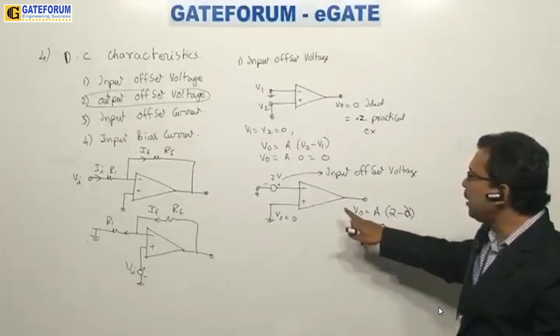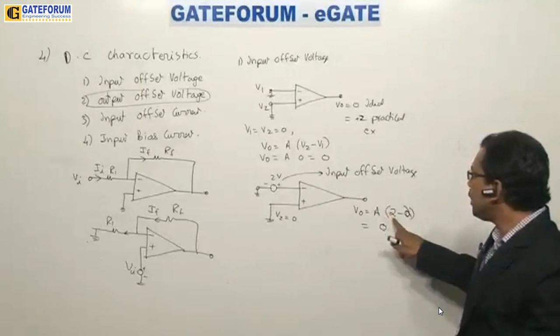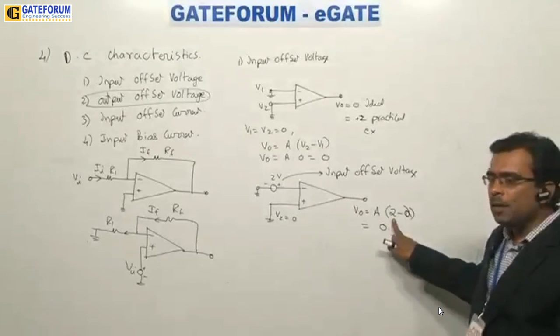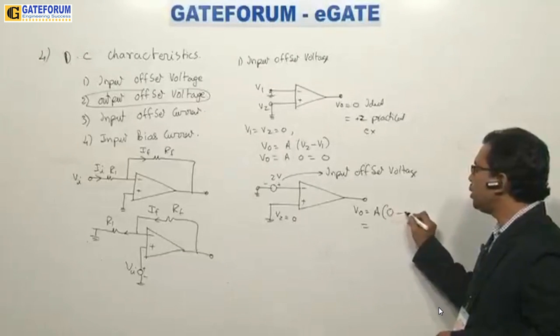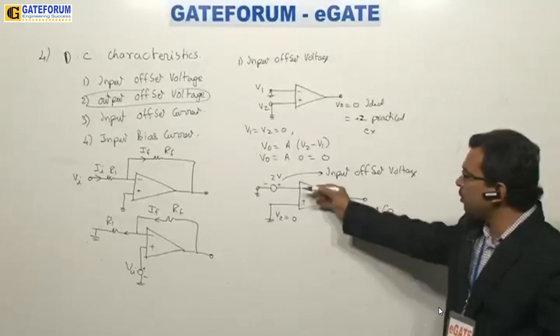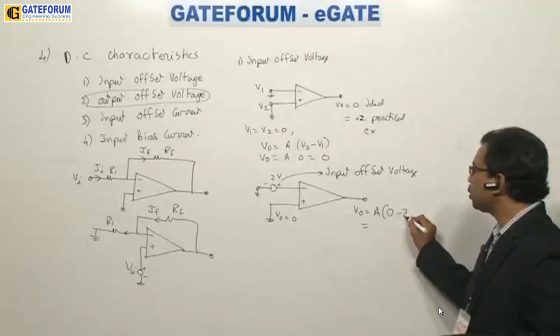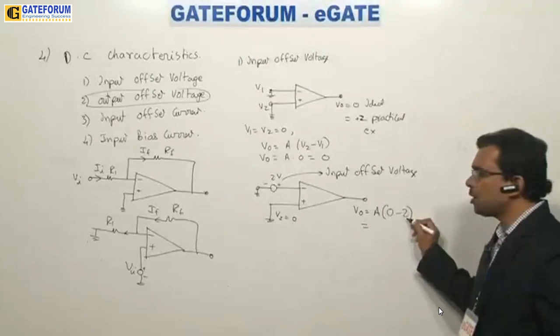So now what happens is, I need to take it here, originally that is 0. But originally I should write this equation like this, that is 0 minus 2. I am giving the voltage here, so 0 minus 2, so I should get minus 2.